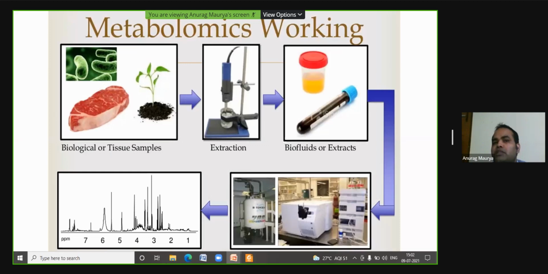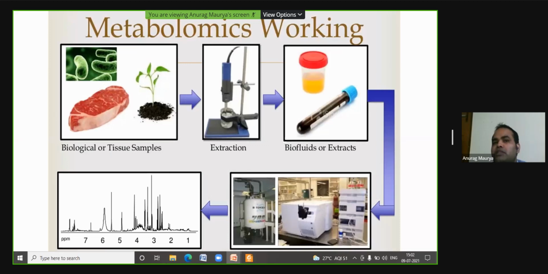Now you don't know what kind of metabolic profile would be there. You don't know what kind of molecules are going to change in the humans exposed to that gas. So in that situation, you will want to study the whole metabolic profile, and you would want to find out which metabolites or molecules would be marker or signature molecules.